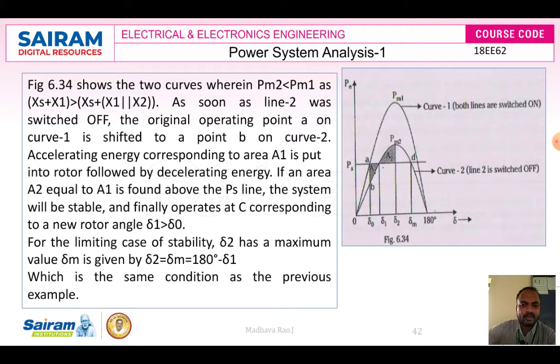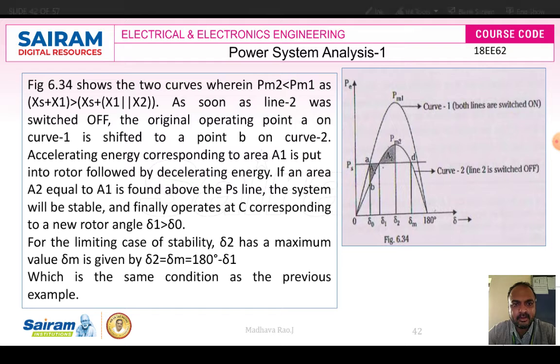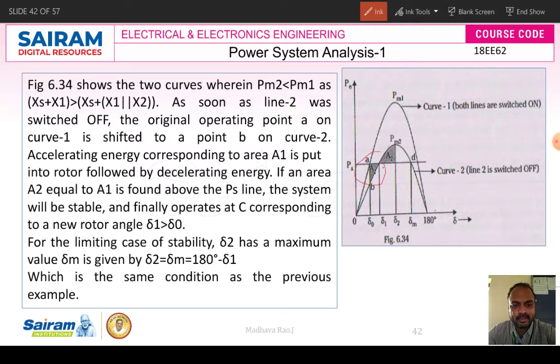As soon as line 2 is switched off, the original operating point on curve 1 is shifted to the point B. Immediately if line 2 is switched off, the operating point shifts to a point B on curve 2. Here we can see how the points on curve 2 and curve 1 shift.